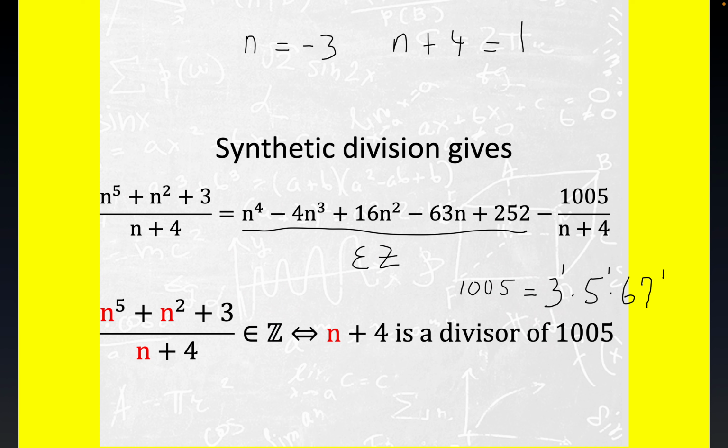So you see, it turns out the total number of divisors would be 2 times 2 times 2, which equals 8 divisors.